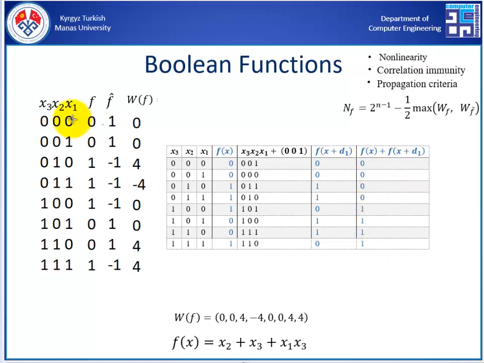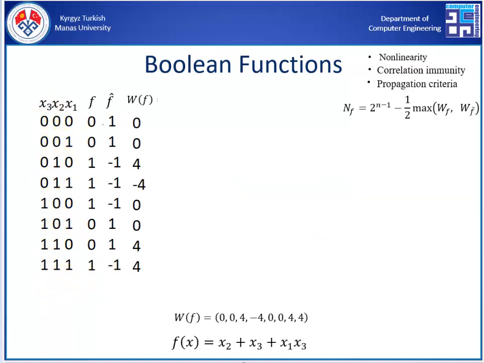So now we have changed the x1 bits. Now let's try to change the x2 bits. To do so, we write the resulting input bits after changing the bit x2.